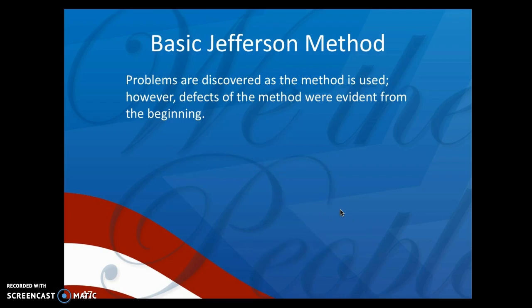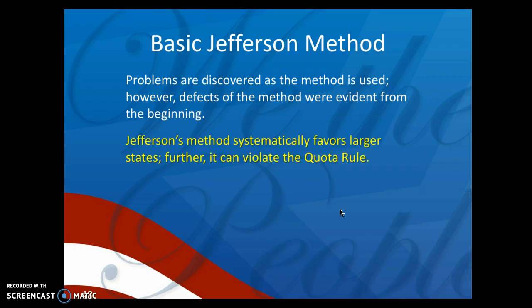So this basic Jefferson method, problems were discovered both at the beginning and then later on. One of those issues is that Jefferson's method systematically favors large states. So again, don't forget that large state would be a state like California, large population states.